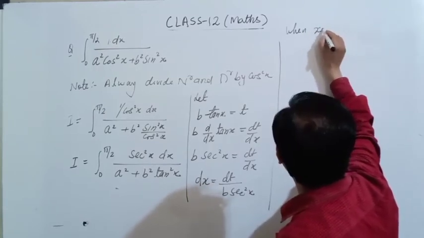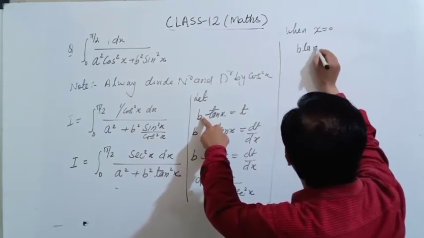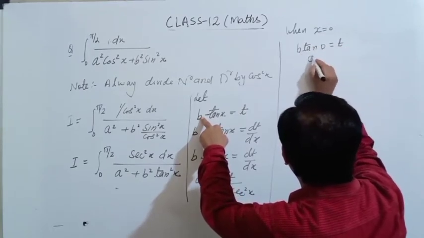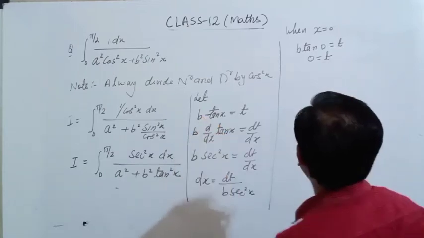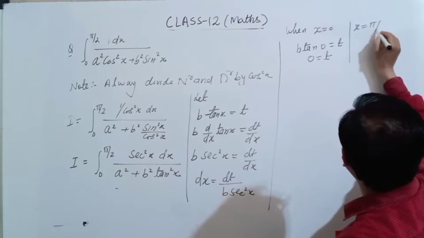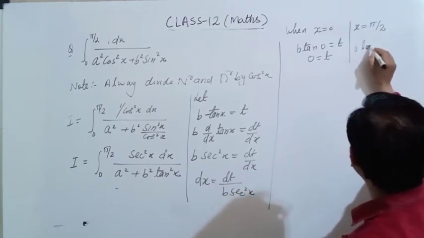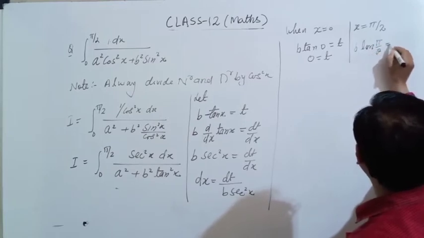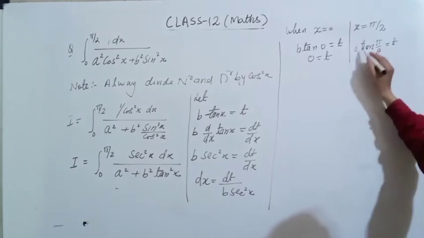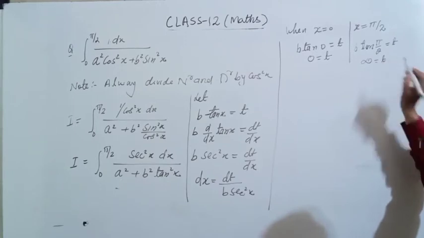When x is equal to 0, we substitute 0, so we get b tan 0 is equal to t, and tan 0 is 0, so the whole thing becomes 0. Now when x is equal to pi by 2, b tan pi by 2 is equal to t, and tan pi by 2 is infinite, so the whole value becomes infinite.